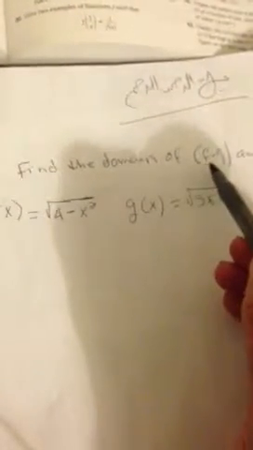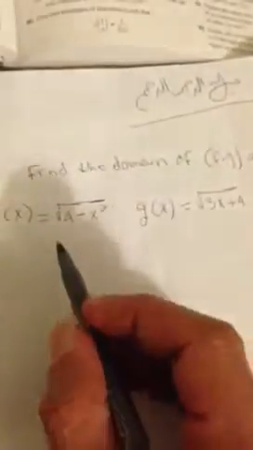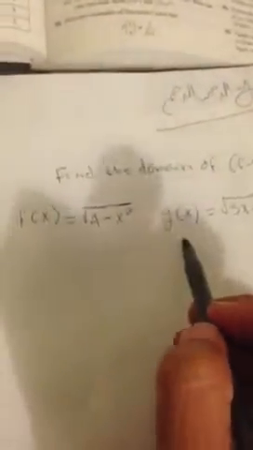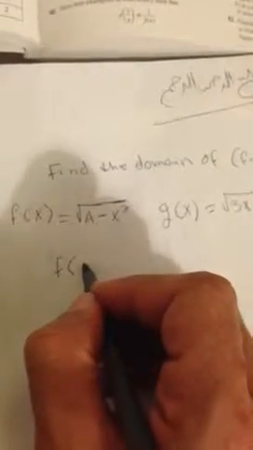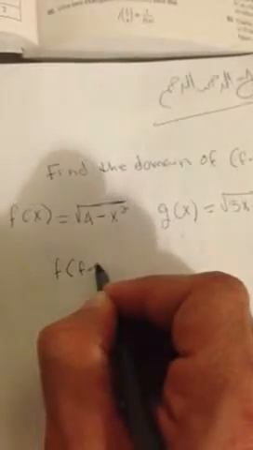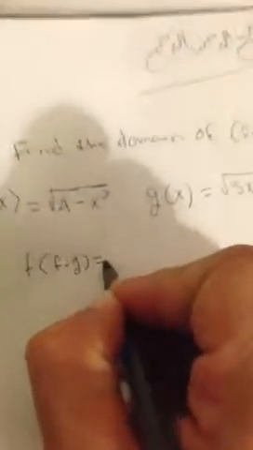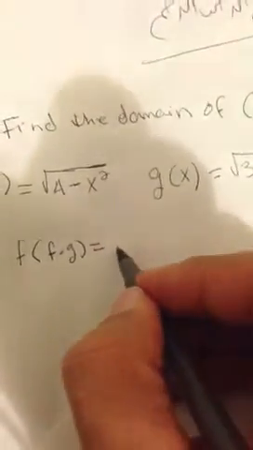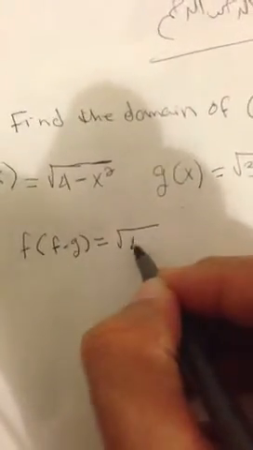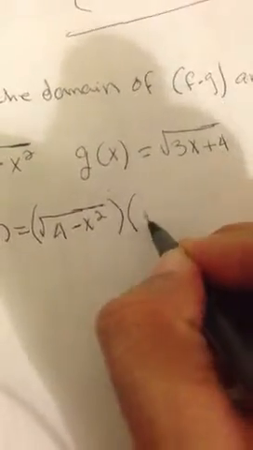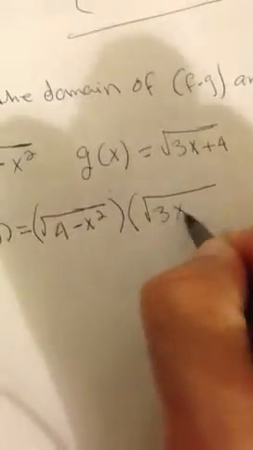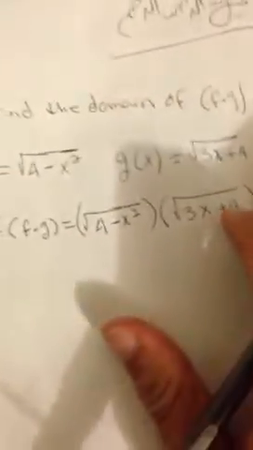Okay, this is the rules, right? The problem said domain of f multiplied by g, so we use f and multiply by g. f multiplied by g equals the square root of 3x plus 4 times 4 minus x squared.